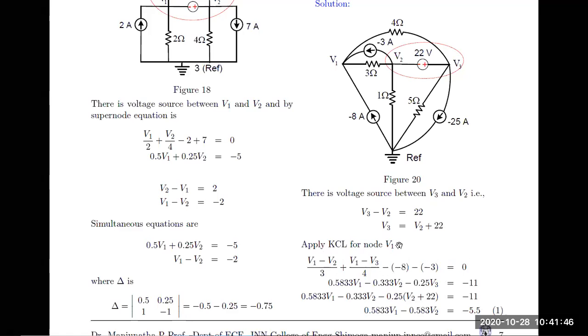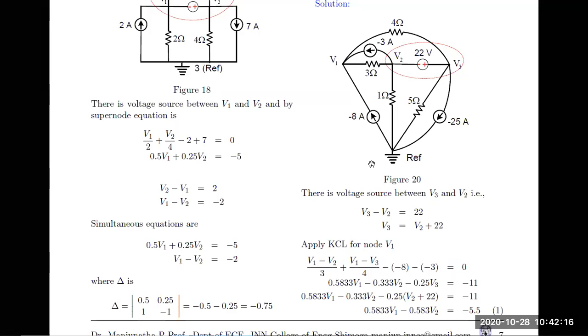But anyway, you have a calculator, so you can take it as a 3 variable system because the calculator supports it, and need not bring it to 2 variables. But here, to simplify, wherever V3 comes, I'm replacing it with V2 plus 22.